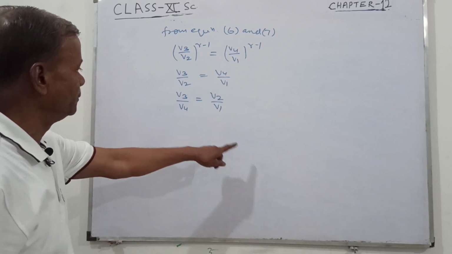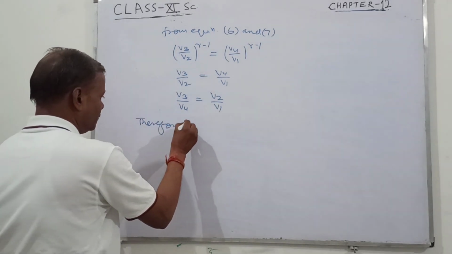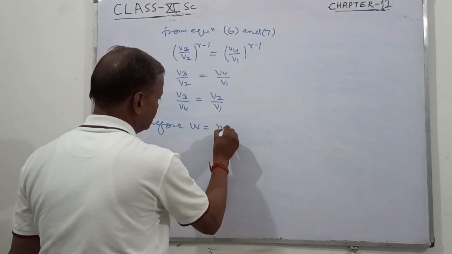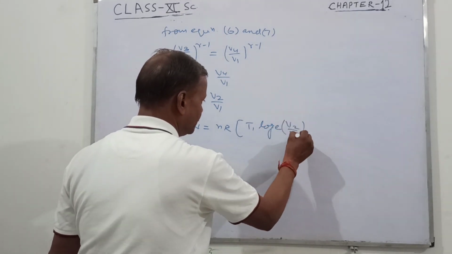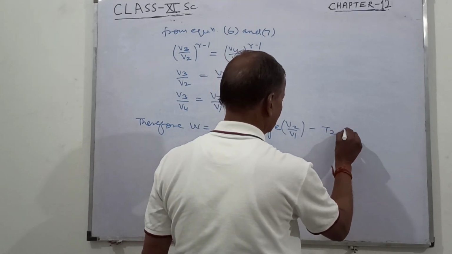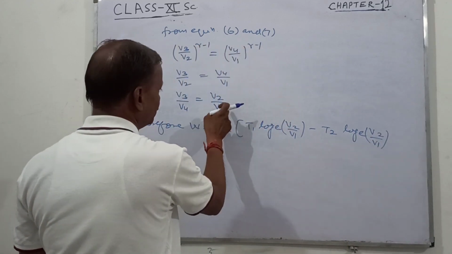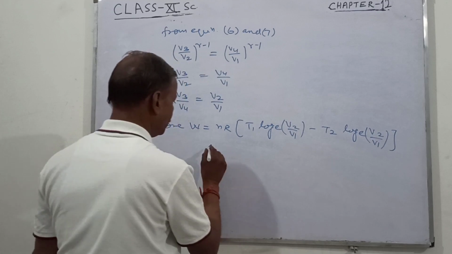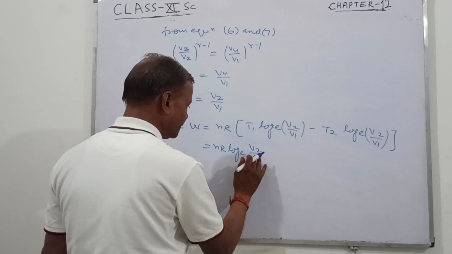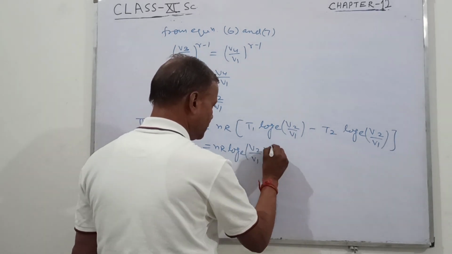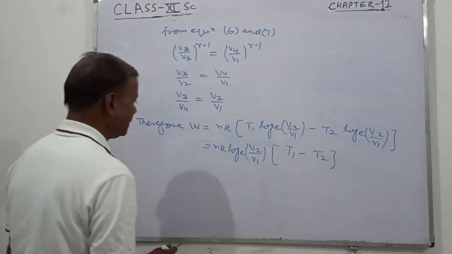So in place of V3 upon V4, we will write down V2 upon V1. Therefore, W equal to nR T1 log e V2 upon V1 minus T2 log e V2 upon V1. So both terms will be taken common: log e V2 upon V1 into T1 minus T2. So this is the work done.